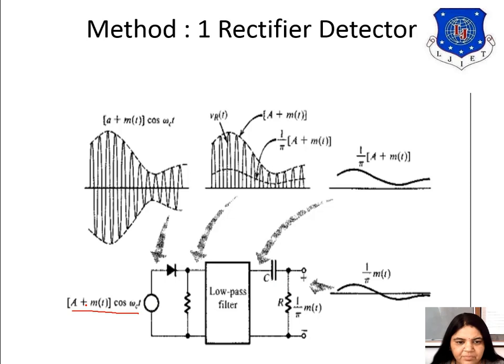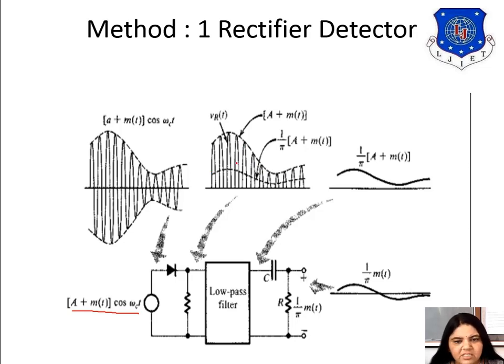Now you can see that this is the amplitude modulated wave, which is the input for this rectifier. This diode will work for the positive half cycle of the modulated wave. So the diode gives us the output, which is only the output of the positive cycle.